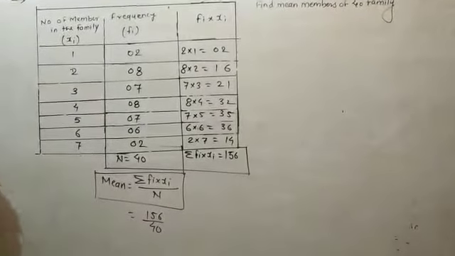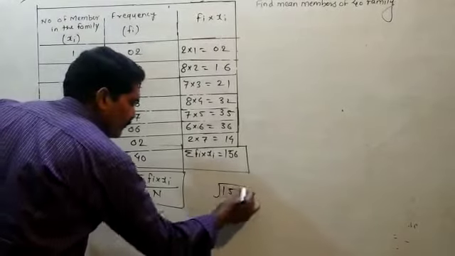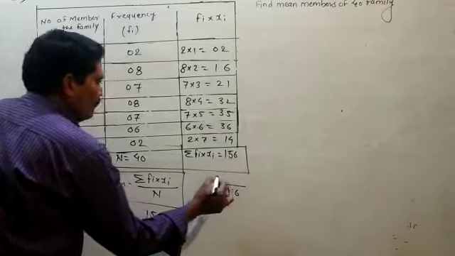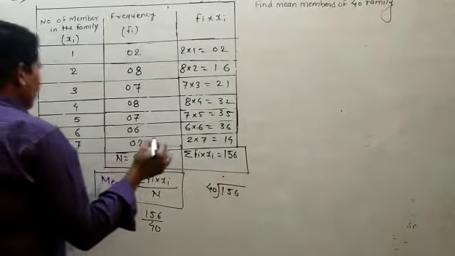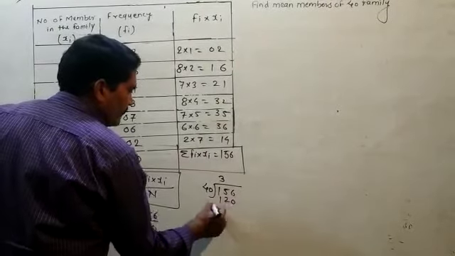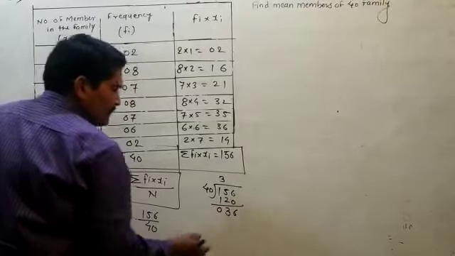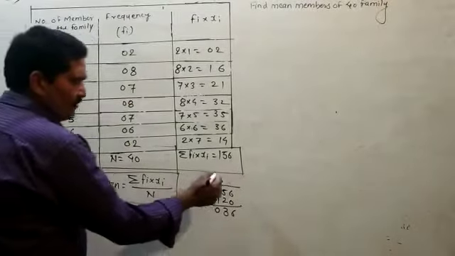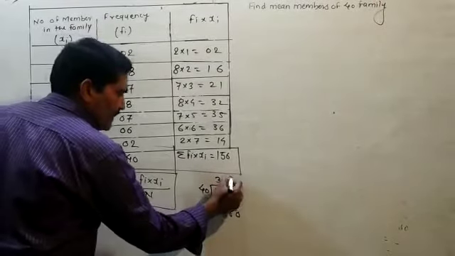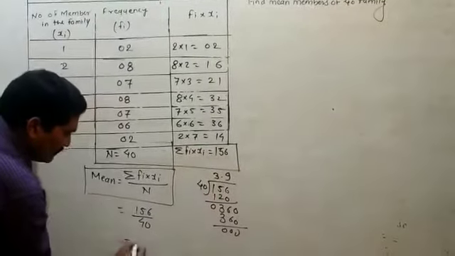If you do the division, 4 times 3 is 12, so 120, and 36 will remain. Then you give the decimal point here, 0 will come, and 4 nines are 360. So your mean will come 3.9.